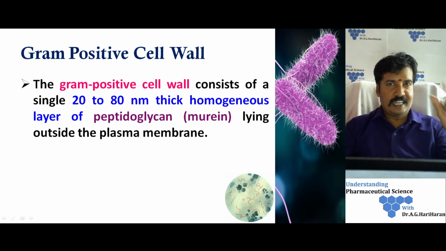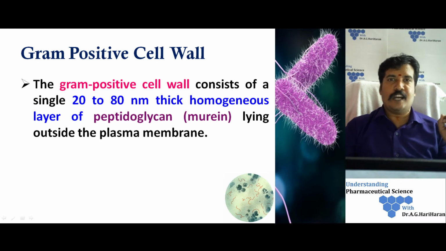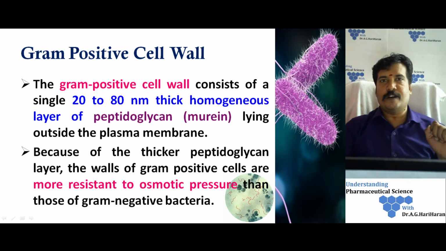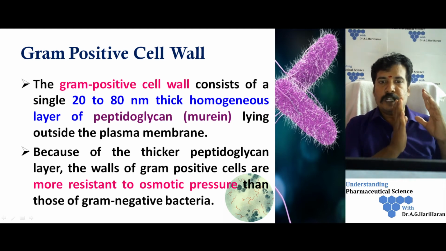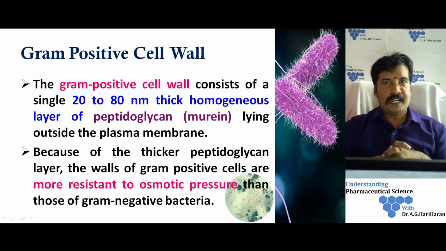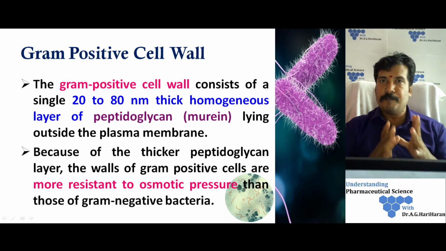It is thick in nature, around 20 to 80 nanometers thick. It lies just outside the plasma membrane. Because of this thick nature of the peptidoglycan, gram positive cells are osmotically more resistant compared to gram negative cells. The gram negative will have a thin peptidoglycan layer, the gram positive will have a thick peptidoglycan.